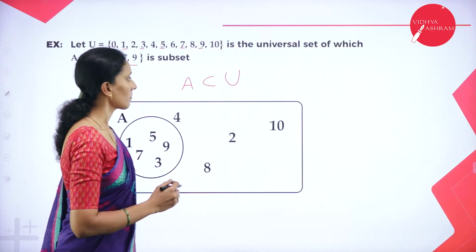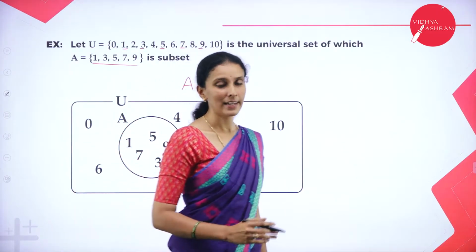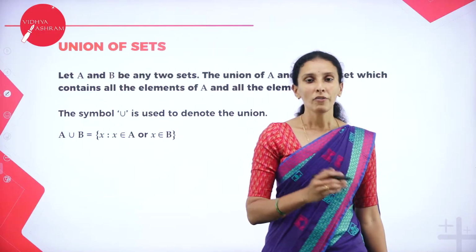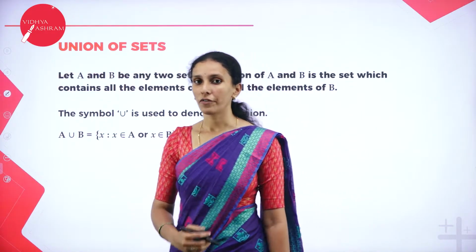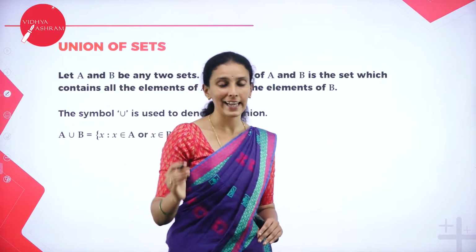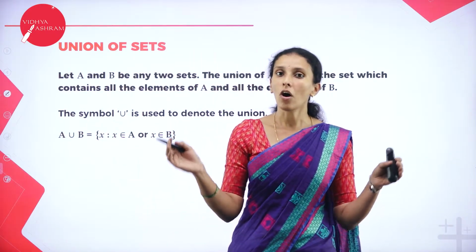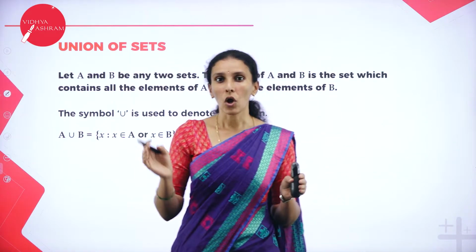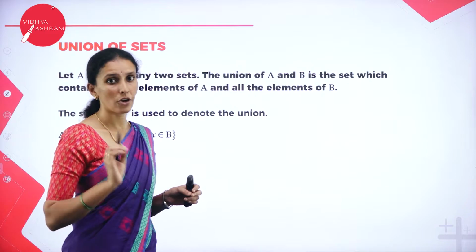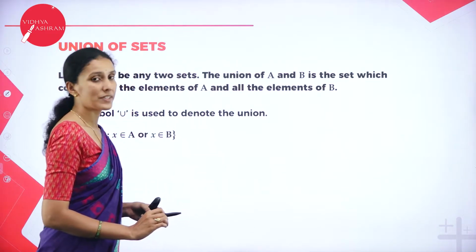So the operations of set can also be solved using Venn diagrams. Now we will see what we mean by union of set. So union of set means, suppose you have two sets, set A and set B. Writing all the elements or listing all the elements from A as well as B is nothing but union of set. So what does union of set say?